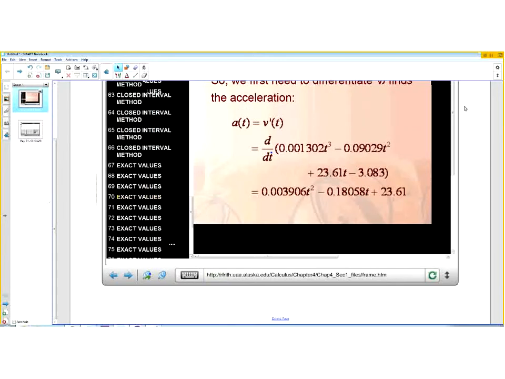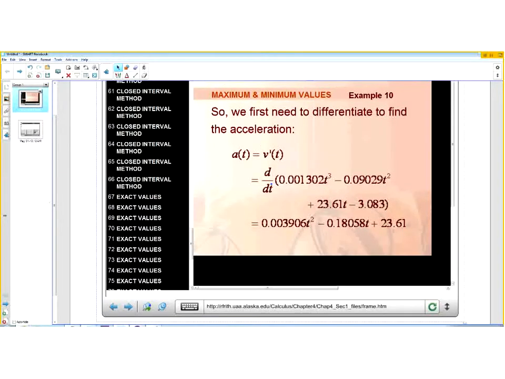So what is the acceleration function? The acceleration is the derivative of the velocity function, and you just take the derivative of the polynomial. Here's the equation for your acceleration function, and we're going to find the extreme values for this function.